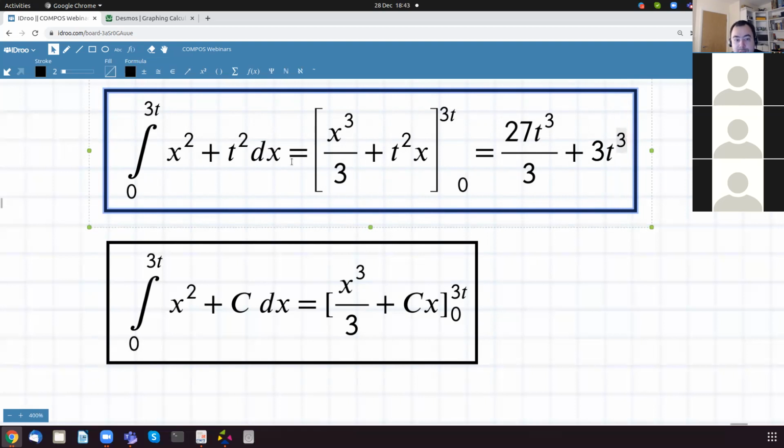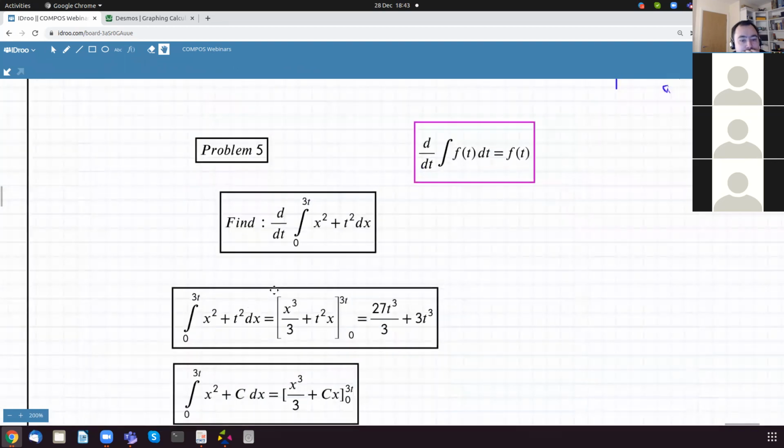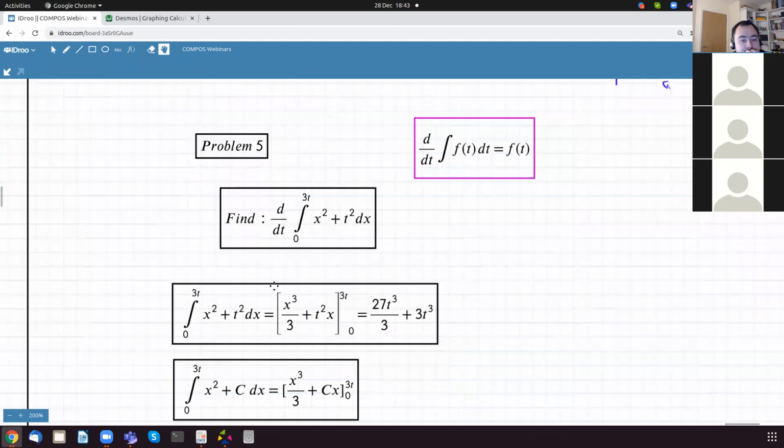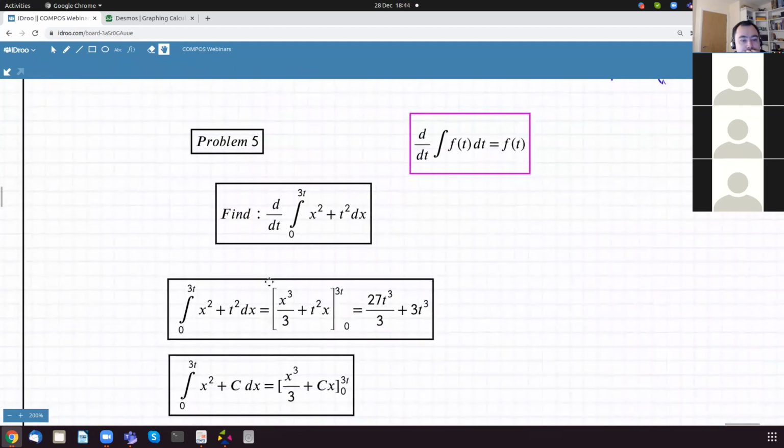No, you can't do that. You can't put the d over dt into the integral, because what do you do with the x squared?